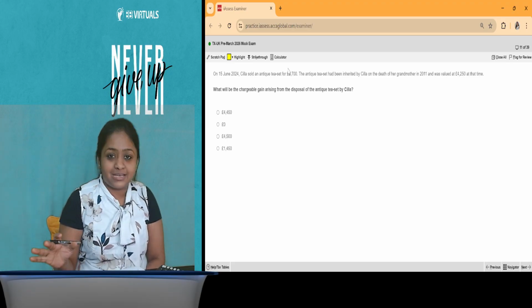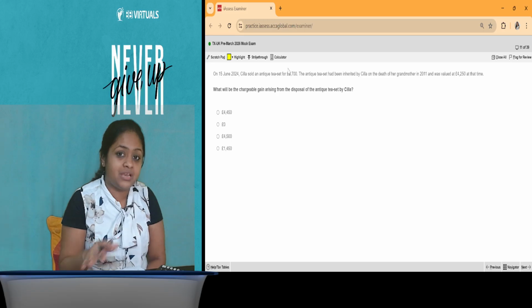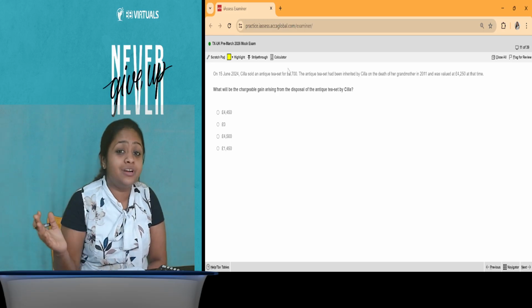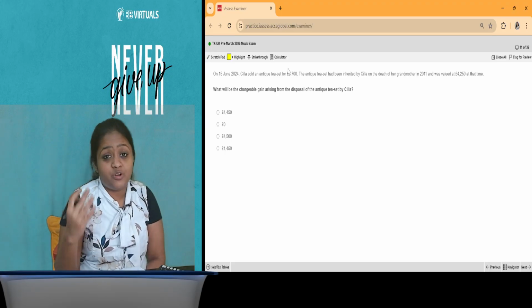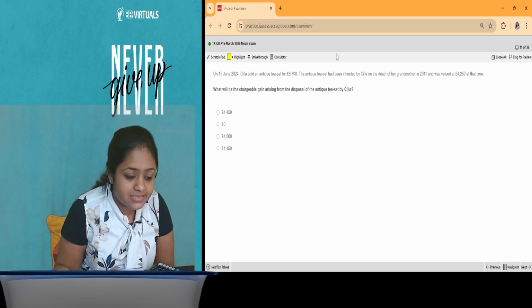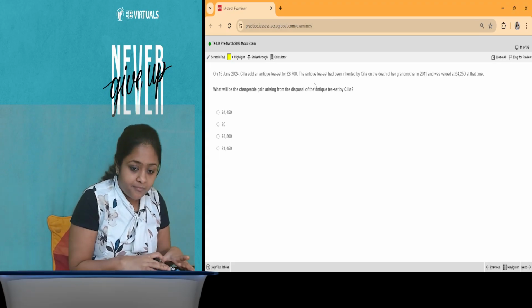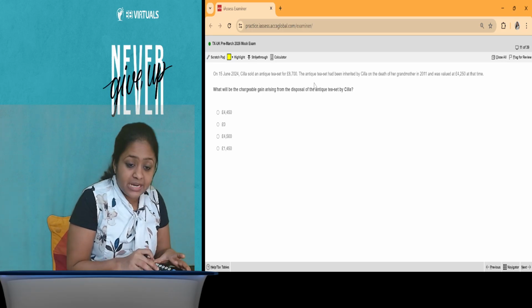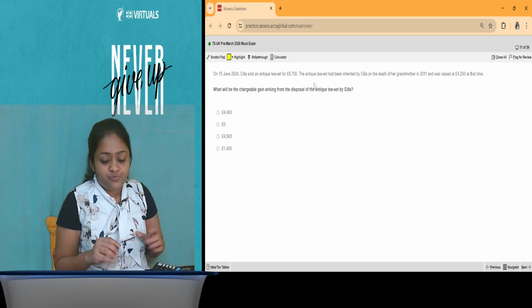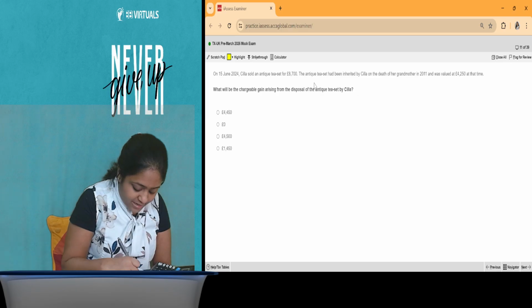Not everywhere will we take higher, so remember the rules very comfortably. Because gains are always from the perspective of the taxpayer, we will always prefer lower gains. Like this, you remember. Anyway, the normal gain is 8,700 less 4,250, which is 4,450.